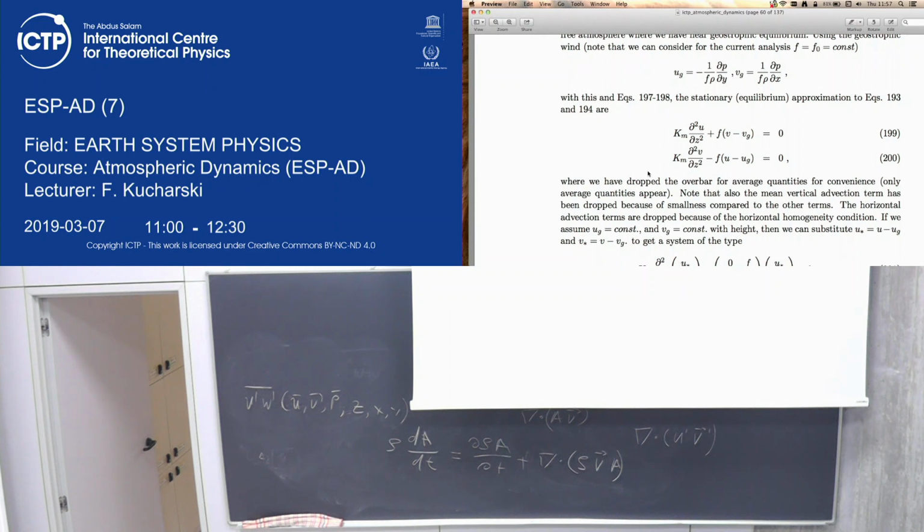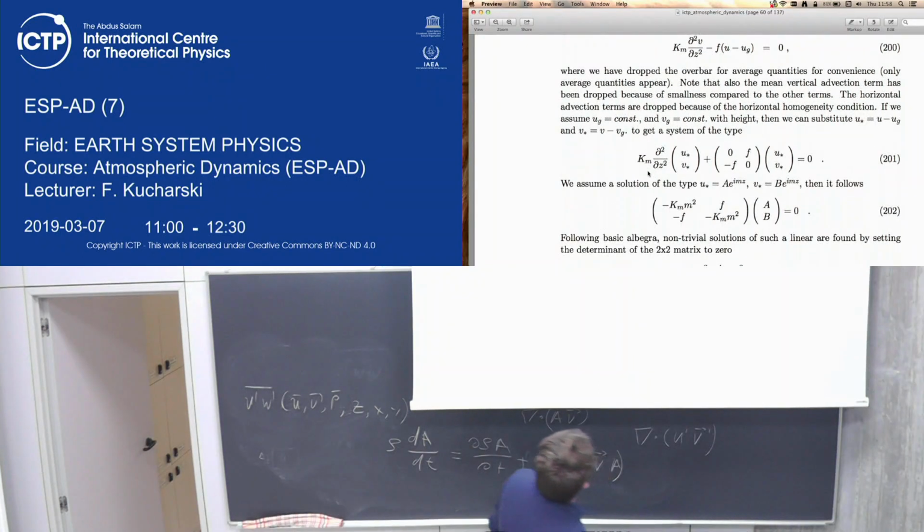If these properties, the pressure gradient or the geostrophic wind, are constant in the boundary layer, which could be an approximation if it's not exactly the case, then we can introduce the new variables U star and V star, which are just the deviations from the geostrophic wind, and reformulate this equation in this form.